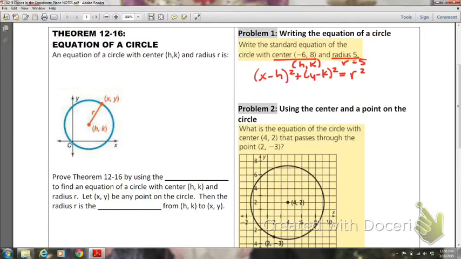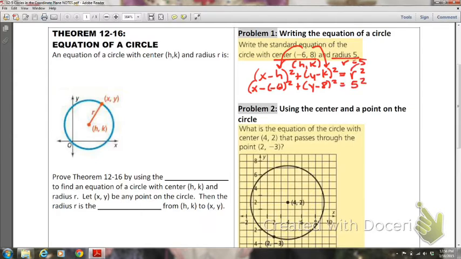For the h, you're putting in the negative 6. So you have x minus a negative 6 in parentheses squared, plus, and then for the k, you're putting in the 8, y minus 8 in parentheses squared. And then for the r, the 5, equals 5 squared.